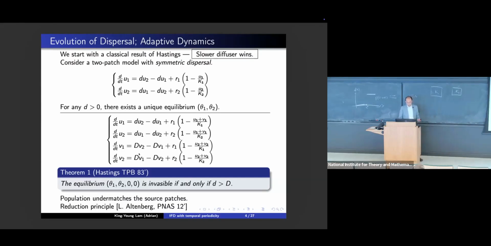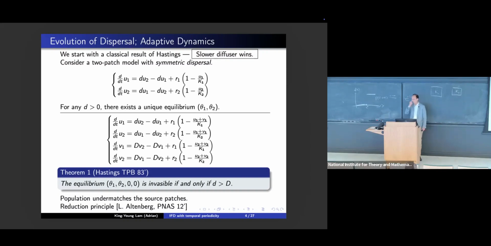We introduce a rare mutant with a different strategy, but otherwise they are competitively neutral, so the competition coefficients are all 1. We want to ask whether the rare mutant can invade when rare. And the theorem is very clear: the rare mutant can destabilize the resident equilibrium if and only if it is the slower diffuser, that is, if capital D is smaller than the resident diffusion rate.